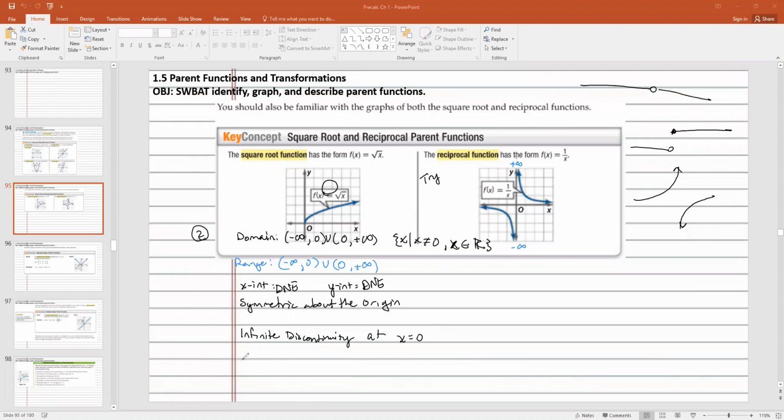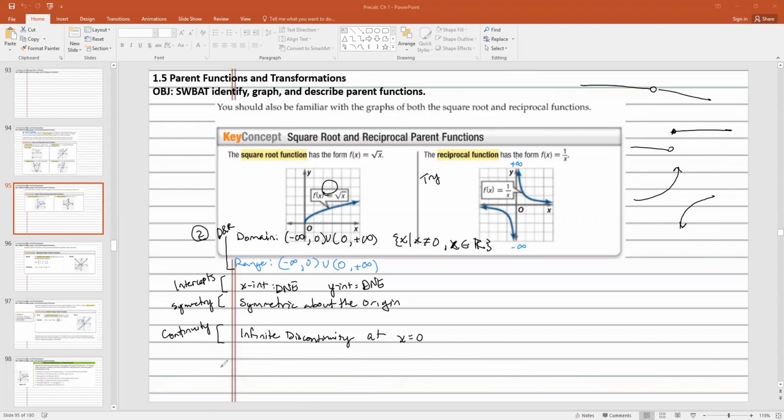So here's domain and range, intercepts, symmetry, continuity, and what did I say this one was?